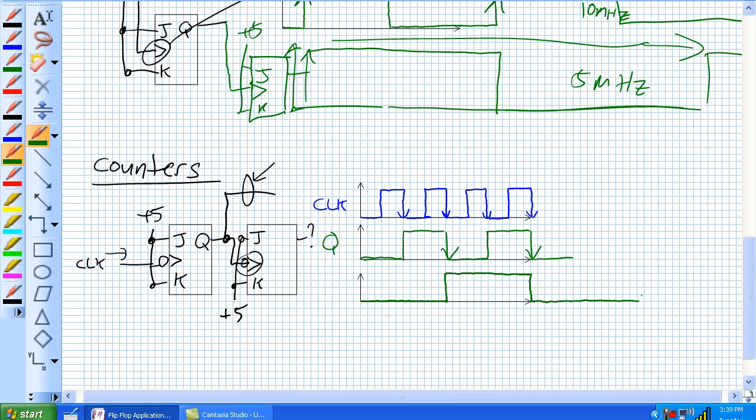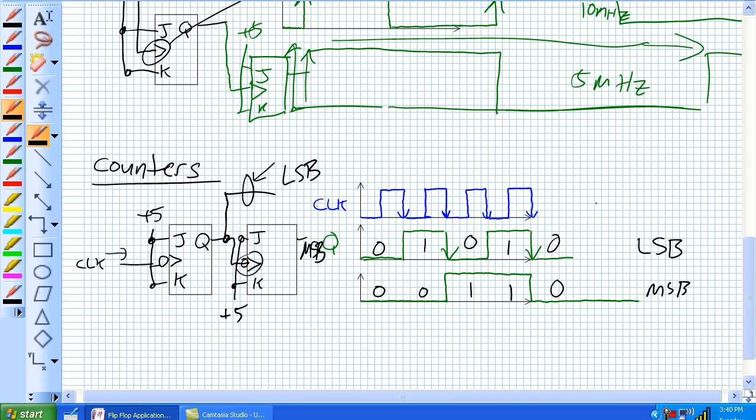And now if we are on this edge right here, where this is the LSB and this is the MSB, MSB, LSB, 0, 0, 0, 1, 1, 0, 1, 1, back to 0.